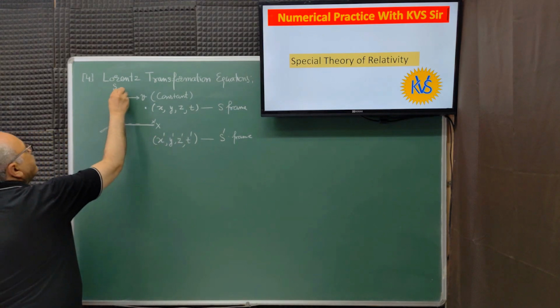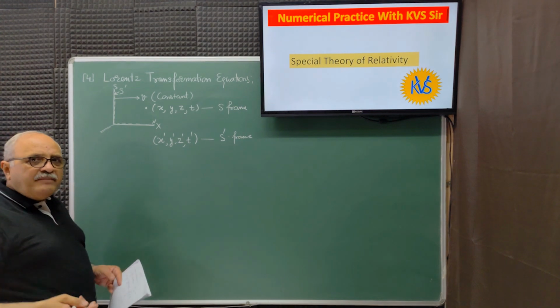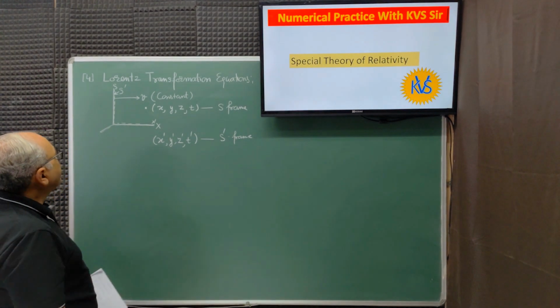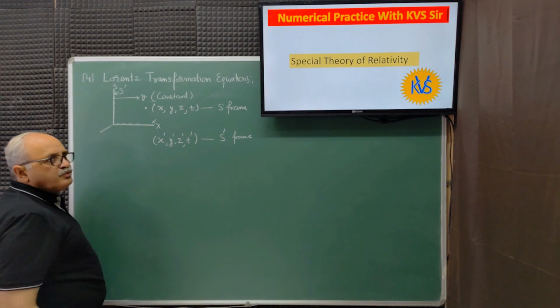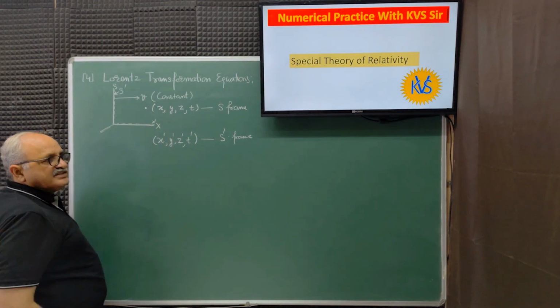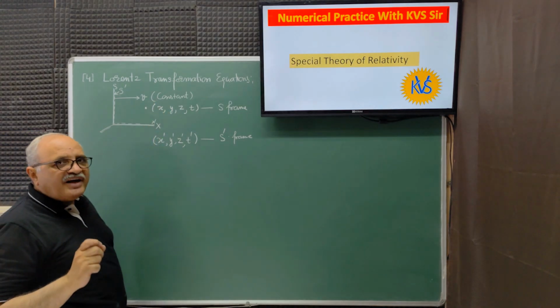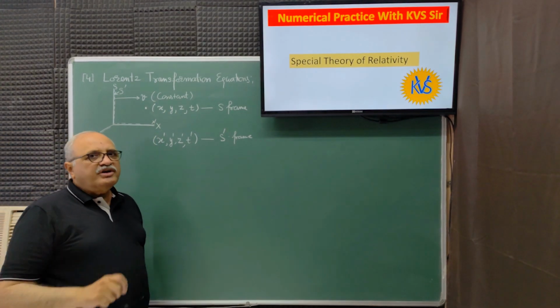Here we have again two frames. One is the S frame and another is the S dash frame. The S frame remains in the rest position, whereas the S dash frame is moving with the velocity v along the x-axis, and this remains constant, which makes both S and S dash inertial frames of reference.